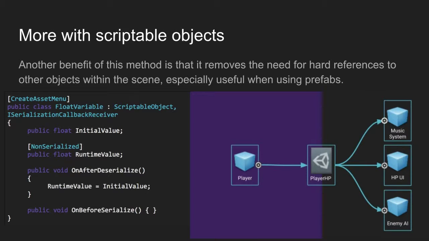But if you store it in the scriptable object, then you wouldn't even need to reference the player object. Instead, the other scripts will reference the scriptable object, and the player script just modifies its value. So these scripts don't even know that the player script exists. All they care about is the player HP value.